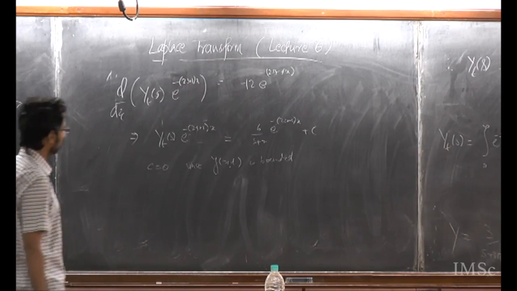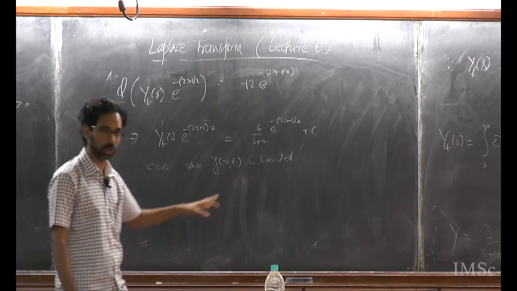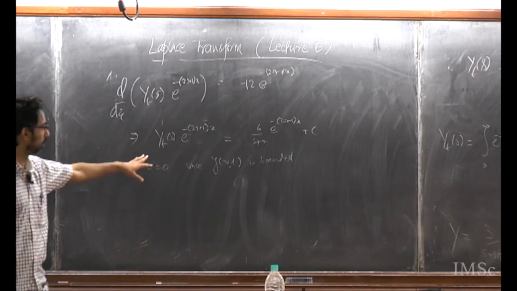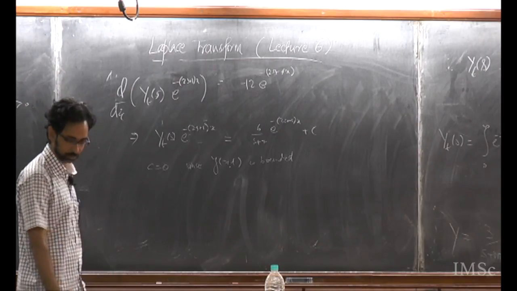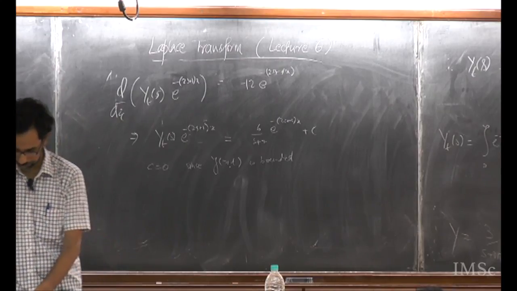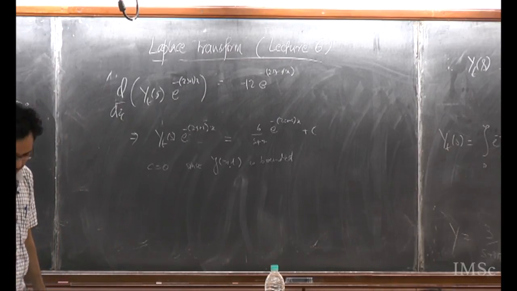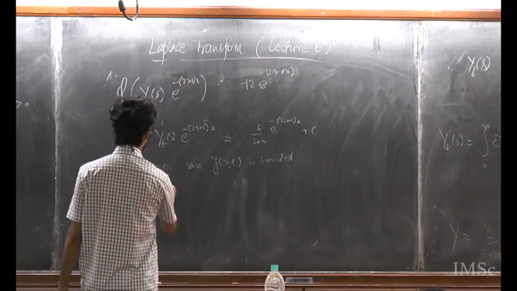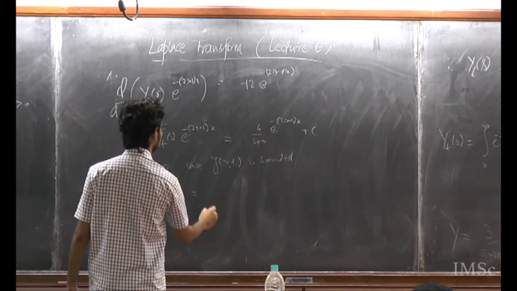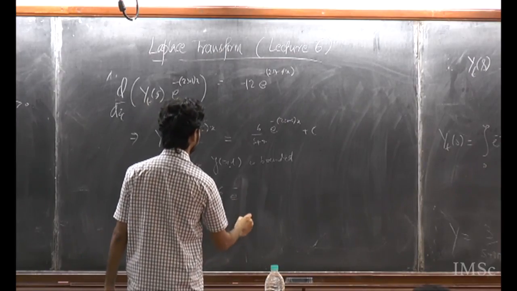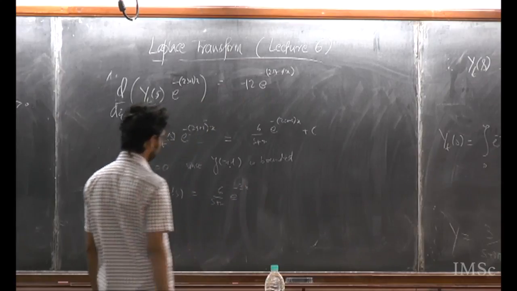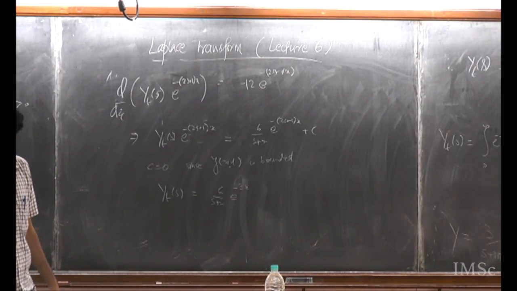Just check that you will get c equals 0 when y(x,t) is bounded just by using the formula for the Laplace transform. Okay. So you get Y(x,s) equals 6 by s plus 2 e to the minus 3x. Am I correct? Yes.